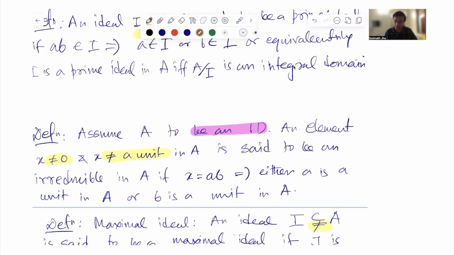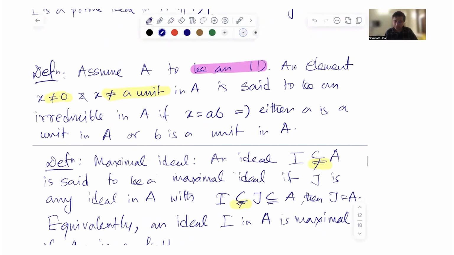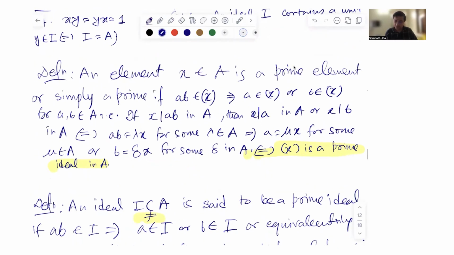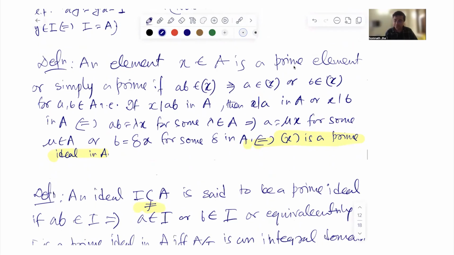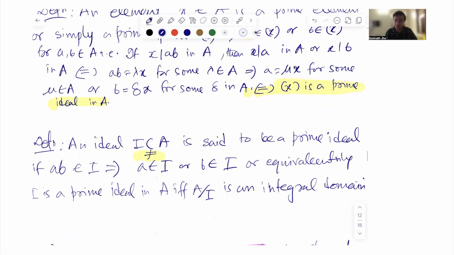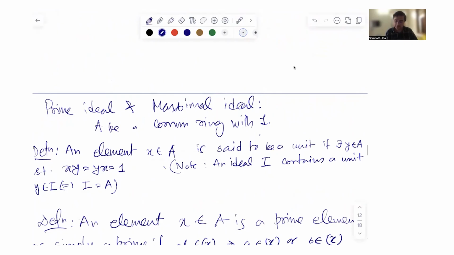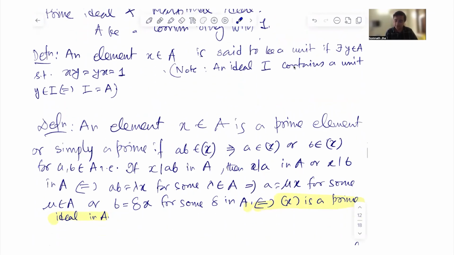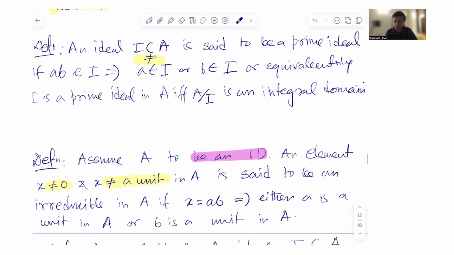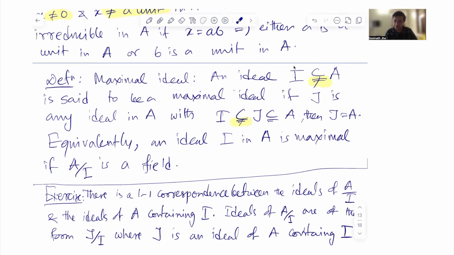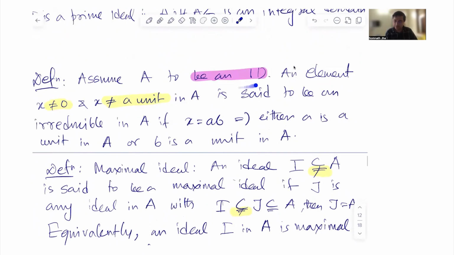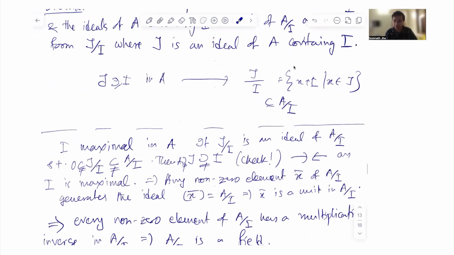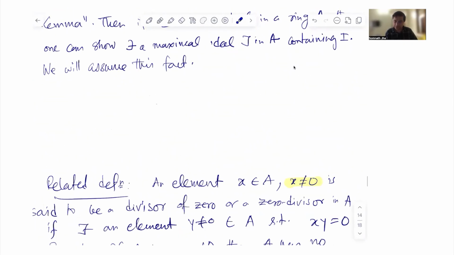Okay, so A is any ring here. Here, standing hypothesis: A is a commutative ring with identity. So for any commutative ring with identity, I have defined unit, prime element, prime ideal, maximal ideal, but the irreducible element is only defined for an integral domain. So keep that in mind.